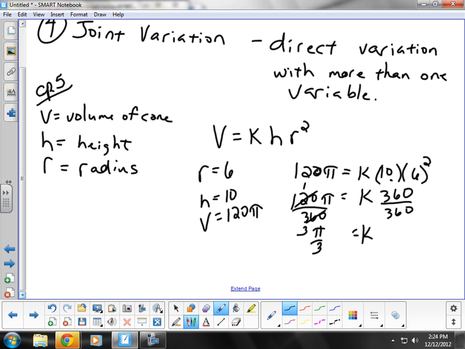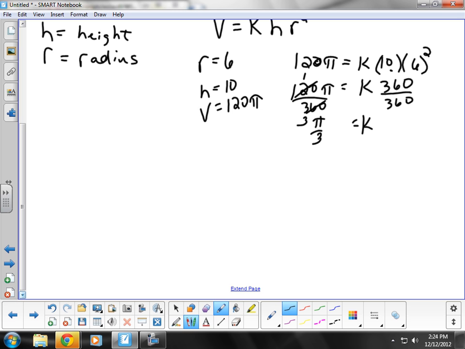Okay, so pi over 3 is my number. Now, my formula is that the volume is equal to pi over 3 times the height times the radius squared. That should look pretty familiar to you. You've been seeing it on a formula chart for years and years, right? So, yep. That is the volume for a cone. You just came up with it.